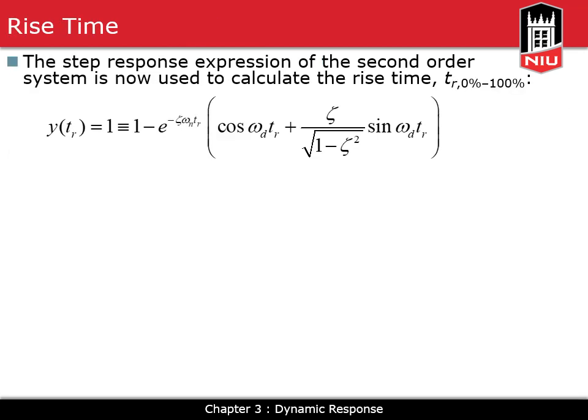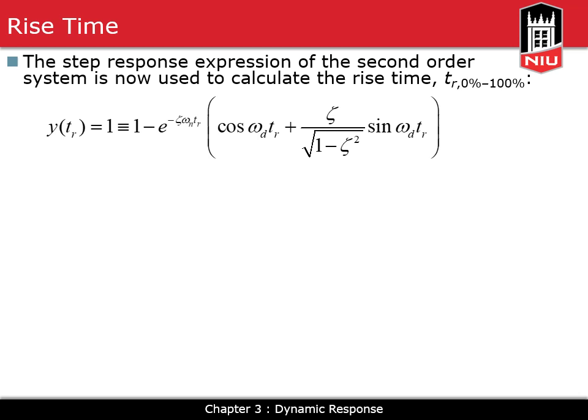The first step response specification that we want to find a formula for is the rise time. We know that rise time, based on our initial definition, was the time that the response reached its final value of 1.